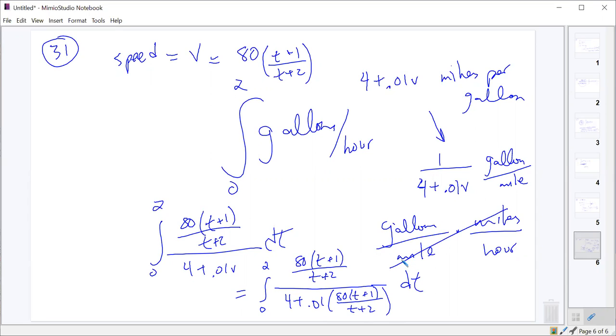But I believe, if I remember correctly, that integral came out to be 23.1. So 23.1 gallons used in those first 2 hours. Does that make sense to everybody? Any questions on 31?